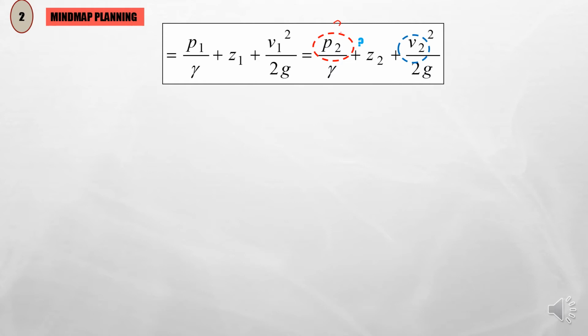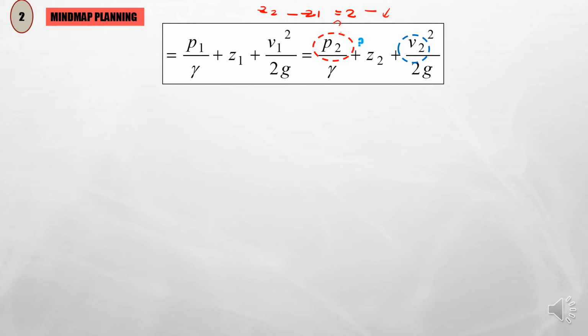And of course you don't have P2. This is the information that you need to get. For Z2 and Z1, even though they are not provided directly, you do have the information of Z2 minus Z1, which equals 2. So at least this correlation you can use in this equation.